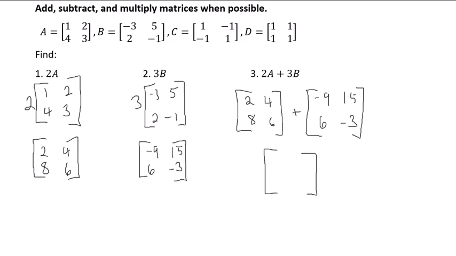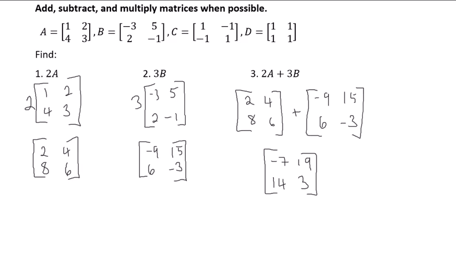So 2 and -9 become -7, 4 and 15 become 19, 8 and 6 become 14, and 6 and -3 become 3. So you just add each individual spot. So this 2 right here is row 1, column 1. This -9 is row 1, column 1. So we add those to get our -7.